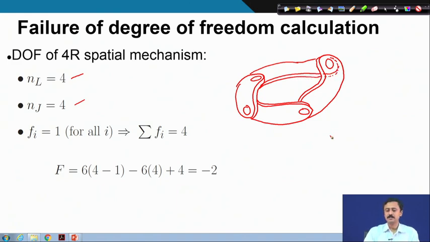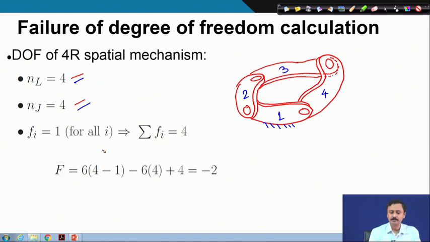So, this roughly is a 4R spatial kinematic chain, 1, 2, 3, 4. Let me ground link 1. So, therefore, number of links is 4, number of kinematic pairs is also 4.